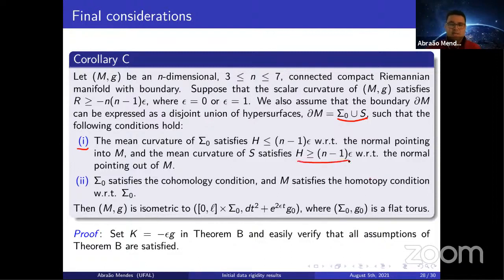It is greater than or equal to n minus 1 times epsilon with respect to the normal pointing out of the manifold M. Also, the topological assumptions: sigma naught satisfies the cohomology condition, and M satisfies the homotopic condition with respect to sigma naught. Then (M, g) is isometric to this warped product, where (sigma naught, g naught) is a flat torus. Okay, just take k equals minus epsilon times g and verify that all the conditions in theorem B are satisfied.